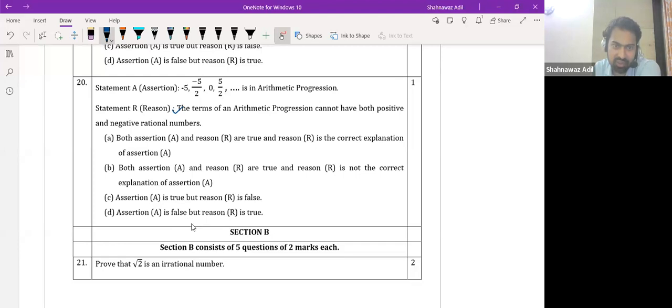Oh, yeah. R is false. This is the only one, right? But it can also be possible that both are true. Good. So this is a very clever mind, right? Without doing the actual calculation, right?